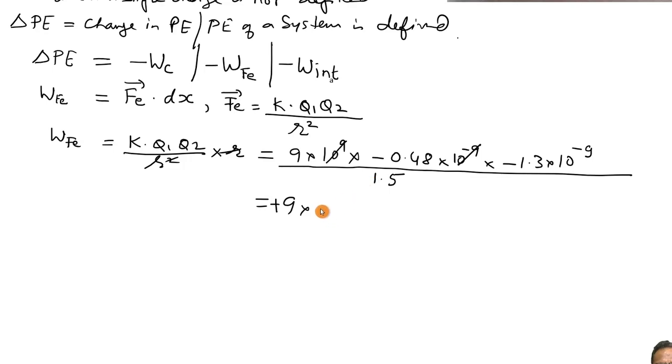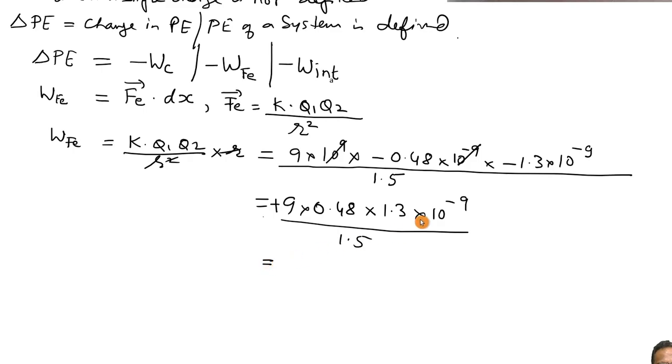So 9 into 0.48 multiplied by 1.3, and you have one more 10 raised to minus 9 over here divided by 1.5. Right? But now it will be plus.